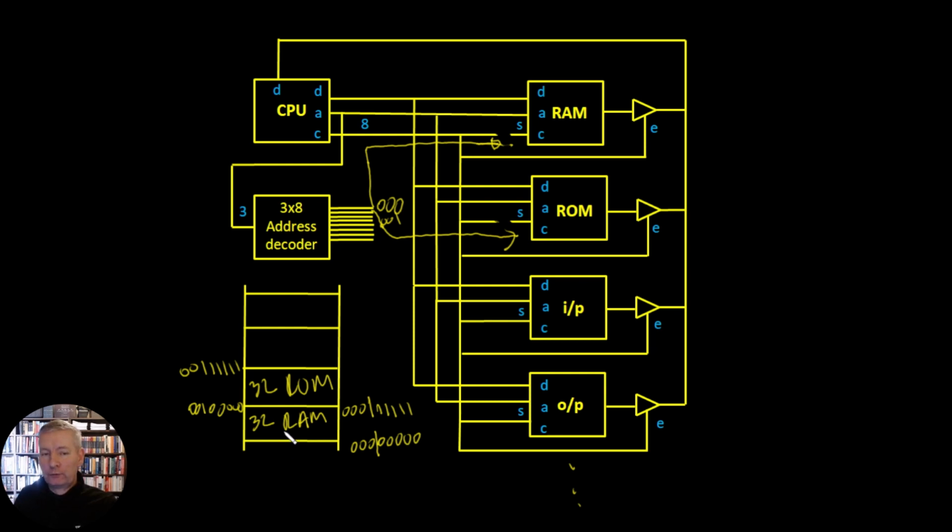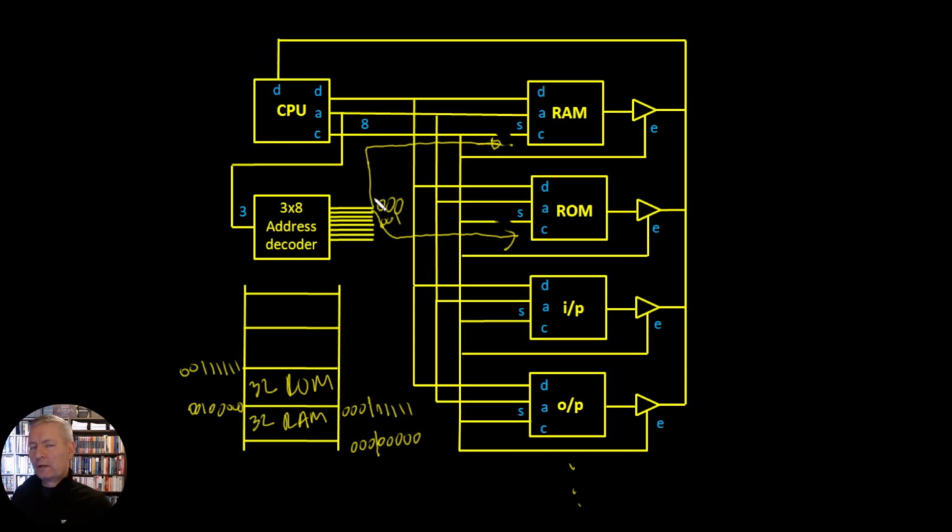Now, the drawback with what we see here is that we're going to split the memory into equal segments. So even if we'd taken, say, just 2 lines out here, then we would have 4 control lines here. And if we had 4 control lines, we would split the 256 bytes into 4 equal blocks.